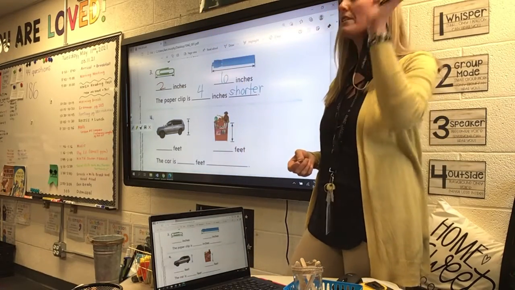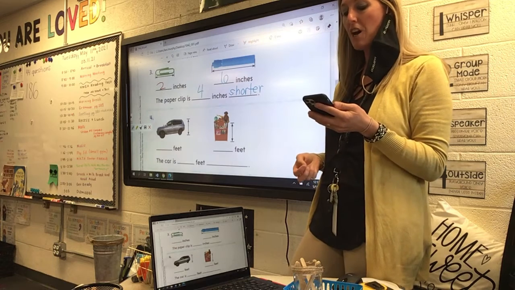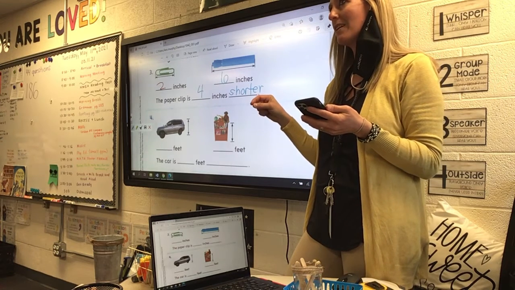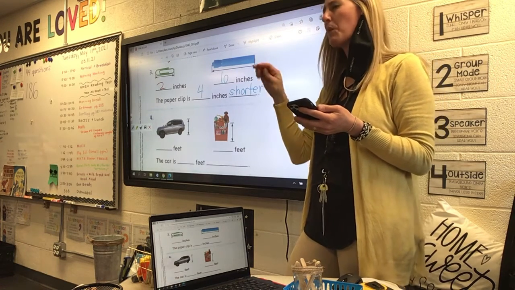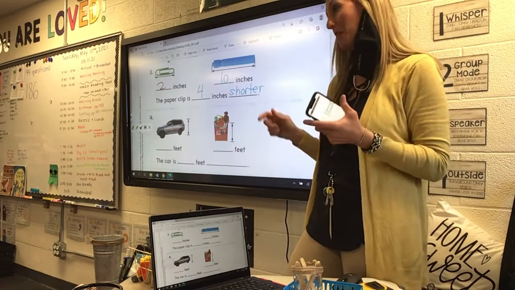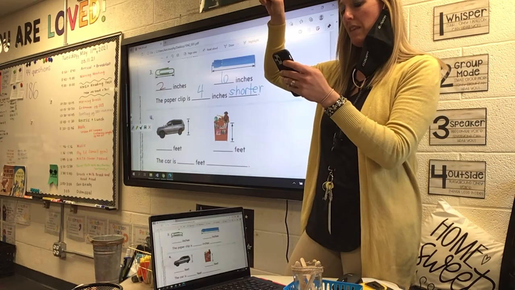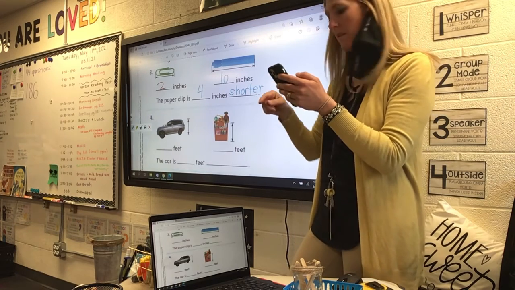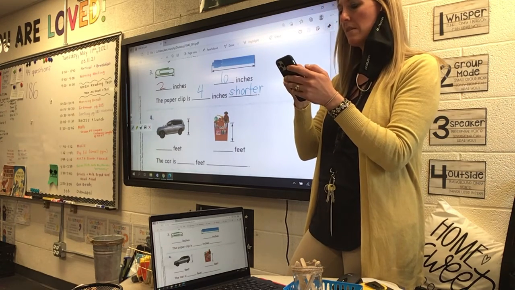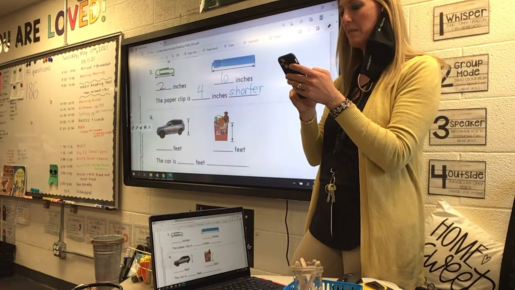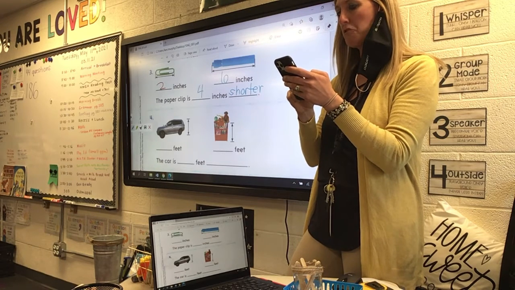All right, now I looked up the average car, and the average car is 14.7. So we're going to round that up to 15 feet. So the average car, if you're going up high, I think that's the length. One second, guys. I did put the height, but let me just make sure.